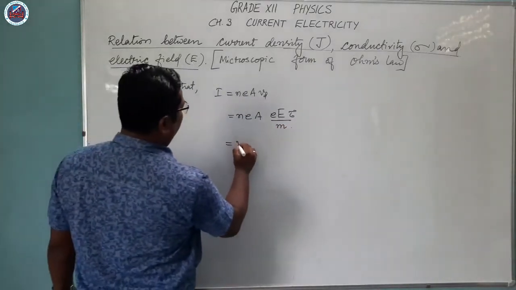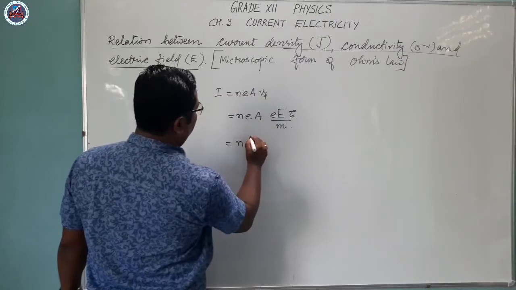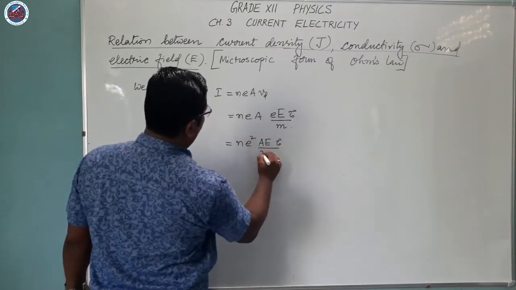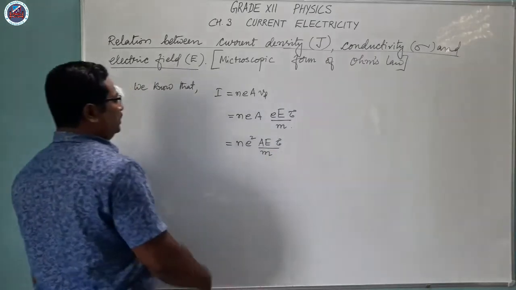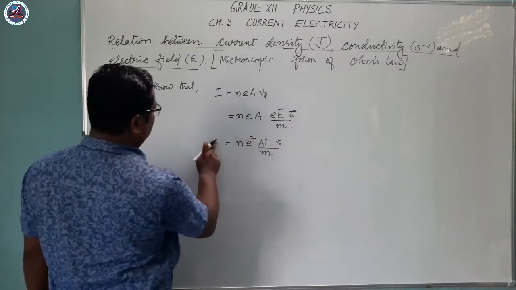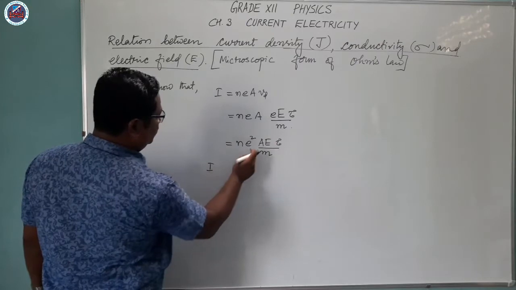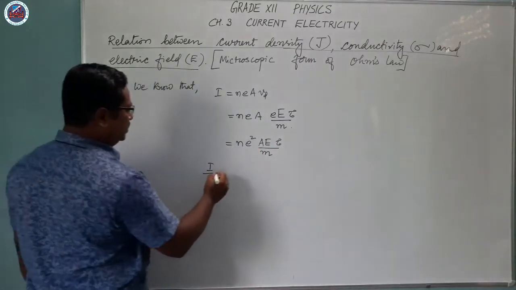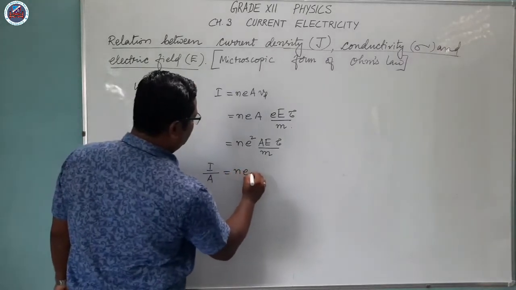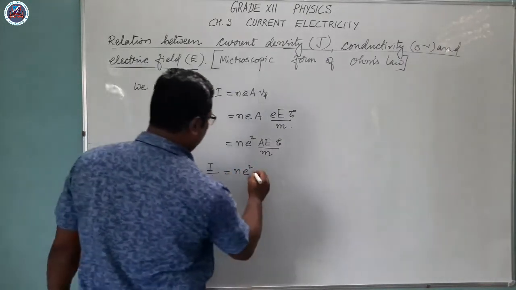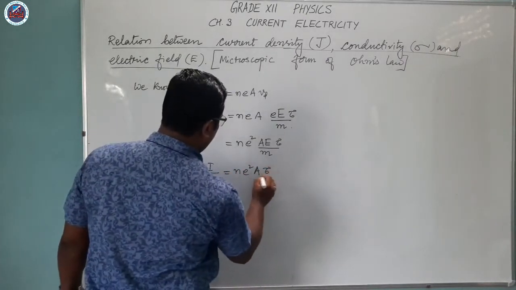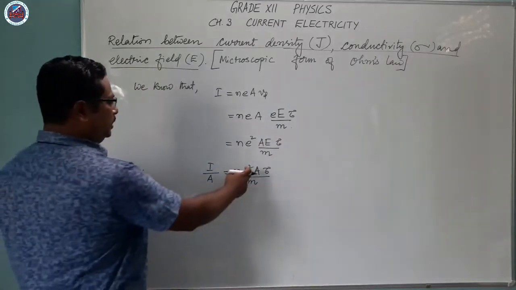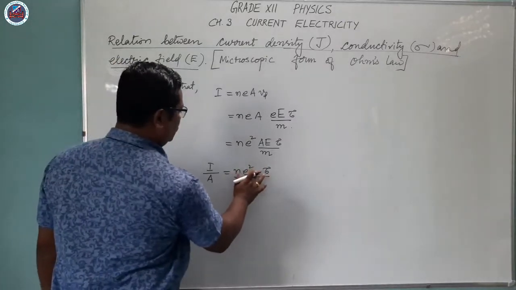So it will become n e into e E, that is n e square A E tau divided by m. This A, if I bring it down, on the left hand side we have I by A, the current density. This is n e square tau divided by m into E.